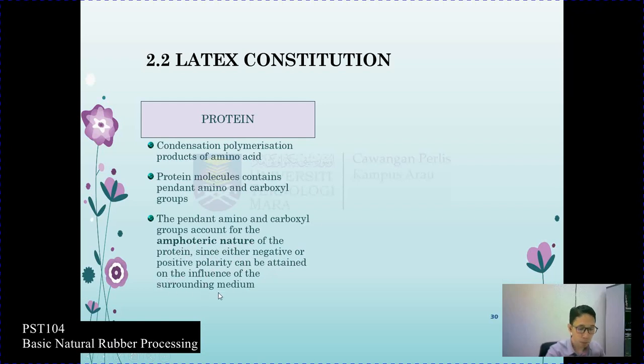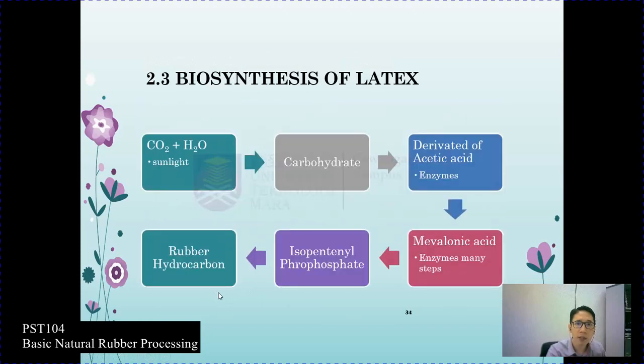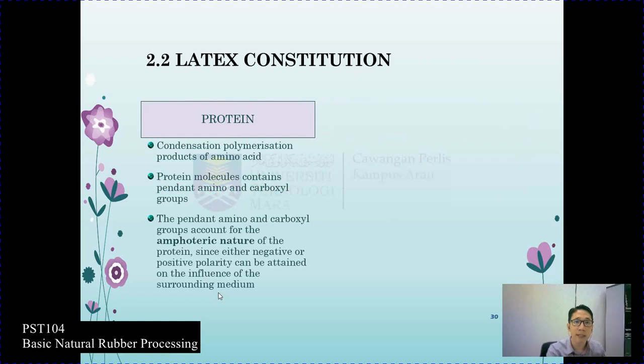Okay, I think this one I will cover later on, latex stability in chapter 3, which is the importance of the protein and the amphoteric nature that protects latex from coagulating. Later on, I will discuss further on this. Please bear in mind the stability of latex is also contributed by this protein layer.